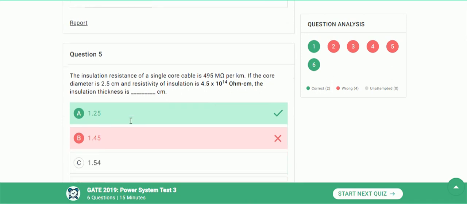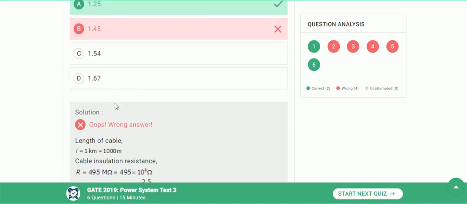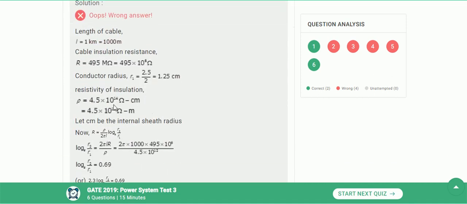Now the fifth question. The insulation resistance of a single core cable is 495 megaohms, for core diameter 2.5 centimeter and resistivity of insulation 4.5 into 10 to the 14 ohm centimeter. The thickness is 1.25 centimeter. So here is the formula. The length of the cable is 1 kilometer, the resistance is 495 megaohms, that is 10 to the power of 6 ohms, and for conductor radius, the diameter is given and we have to change it into radius.